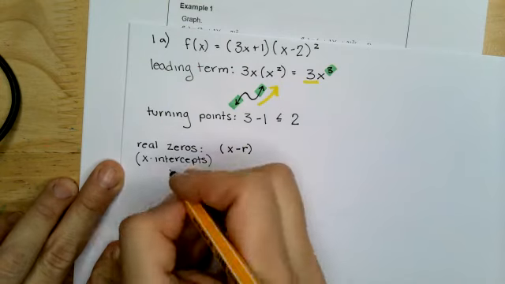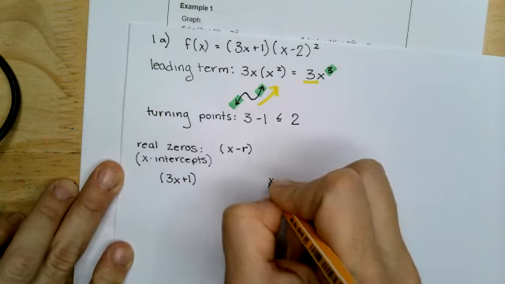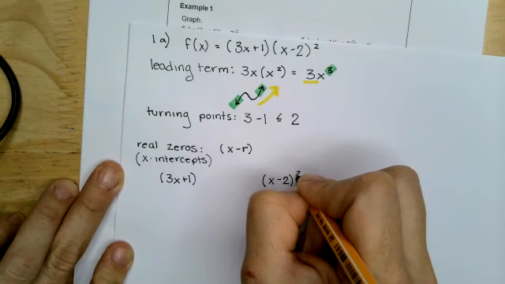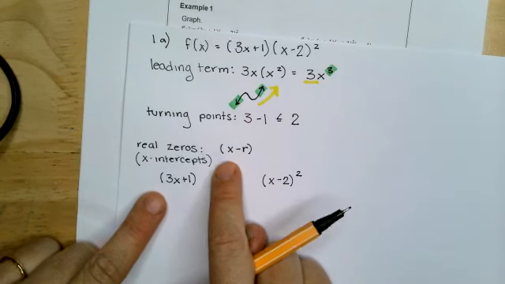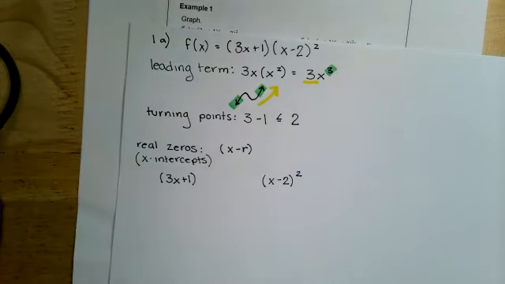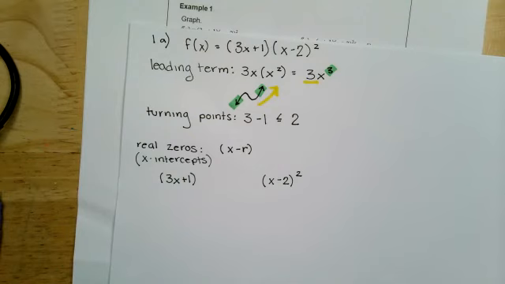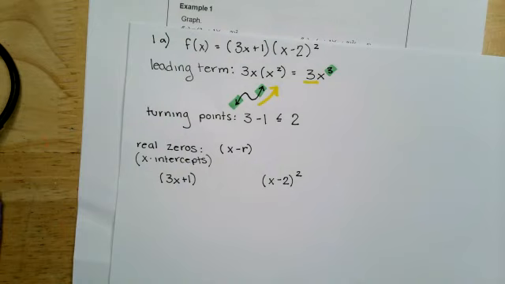Okay, so I have 3x plus 1, and I have x minus 2 squared. We say it's x minus r, but what it really is is setting this equal to 0 and solving.